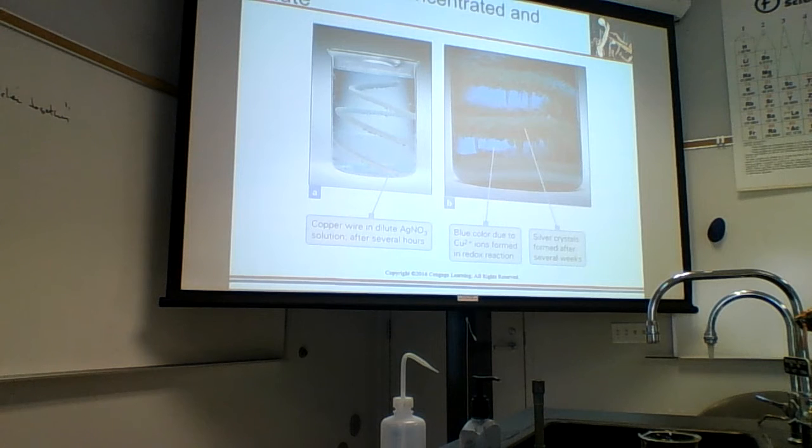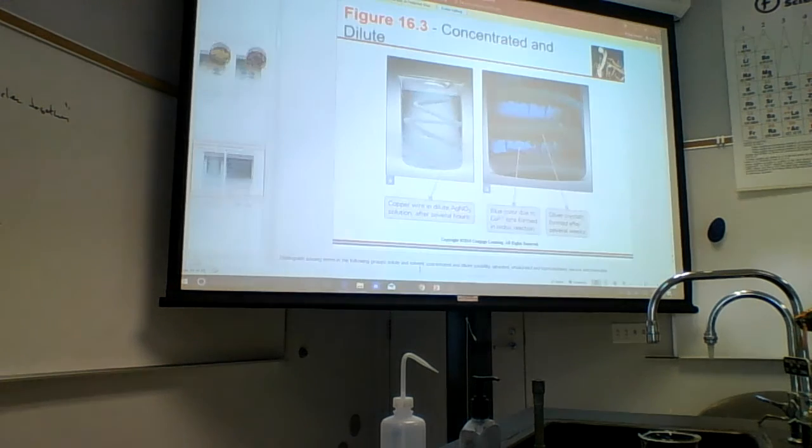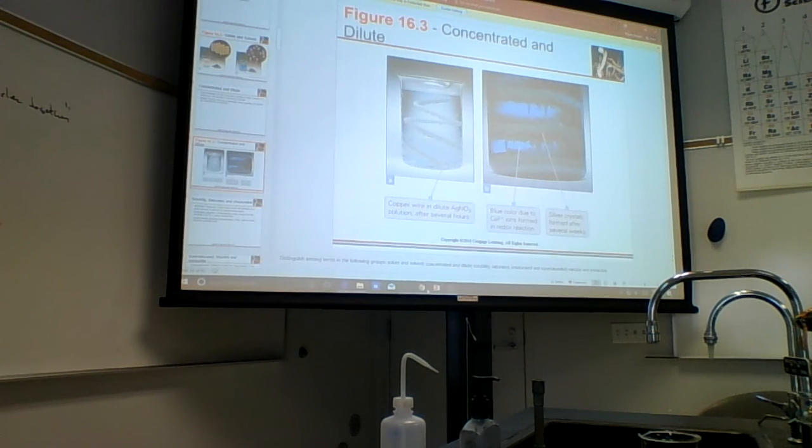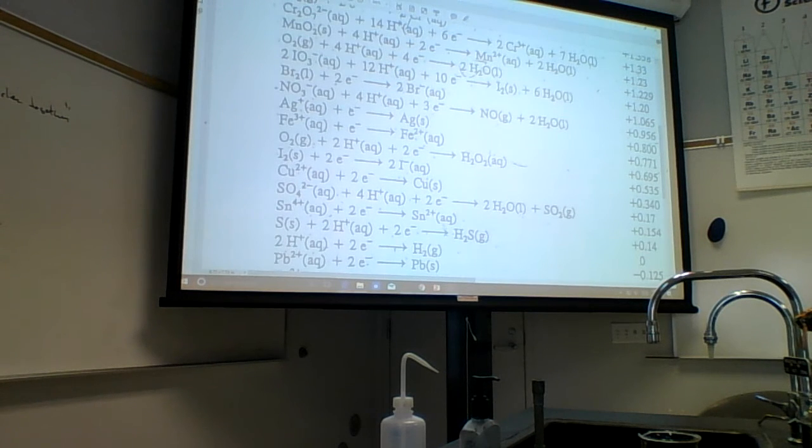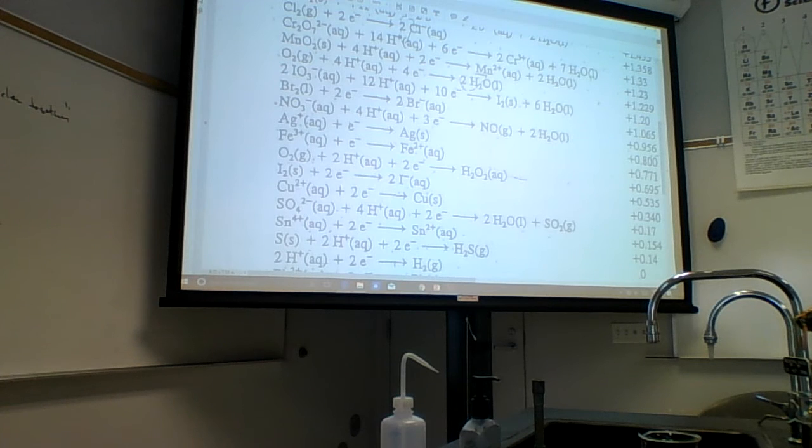Except it's nitrate. We got to worry about nitrate because what do you know about nitrate? Nitrate is a strong oxidizer. So let's take a look at our chart here. We have two strong oxidizers here because we have silver ions and we have nitrate ions in solution.